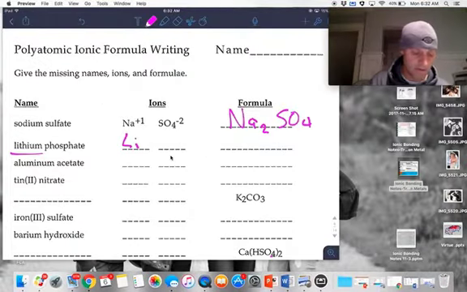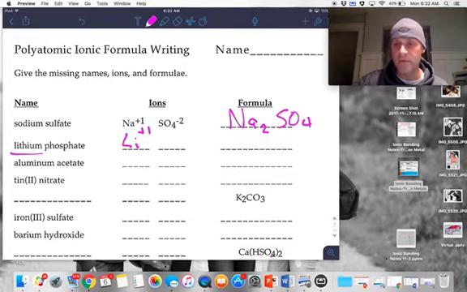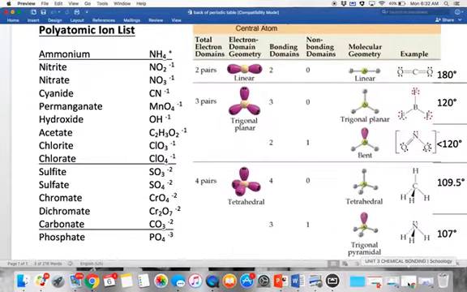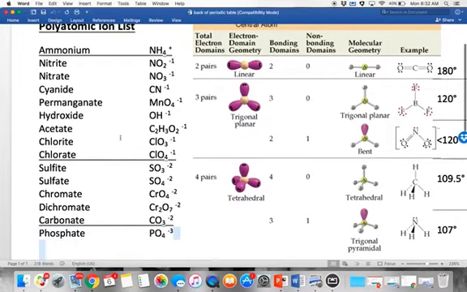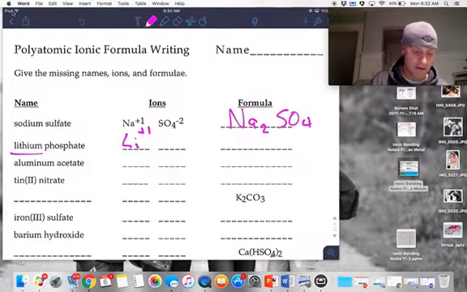So I know it's going to be lithium plus 1. Phosphate is one of my polyatomic ions. Here's phosphate. It's PO4 minus 3. So that's my ion.